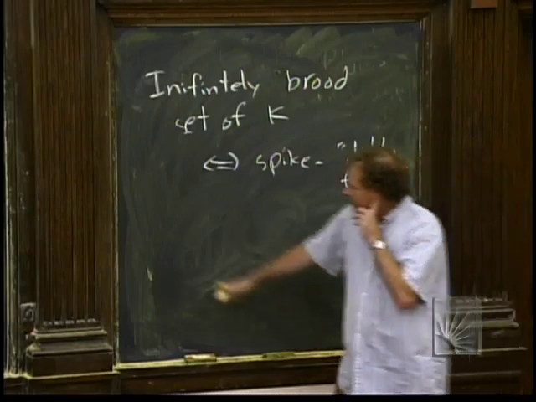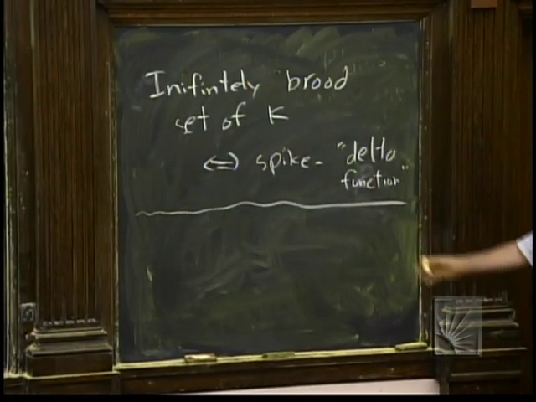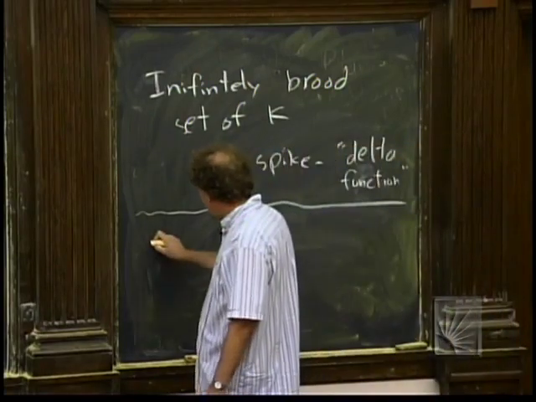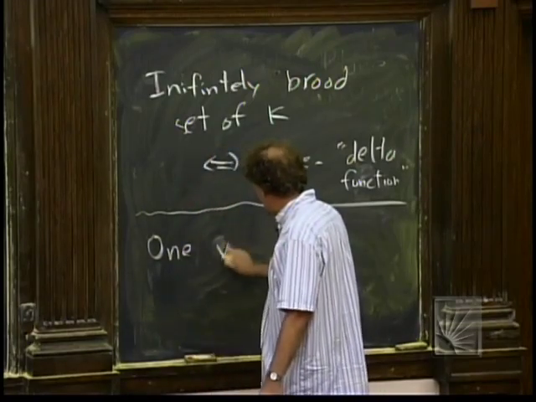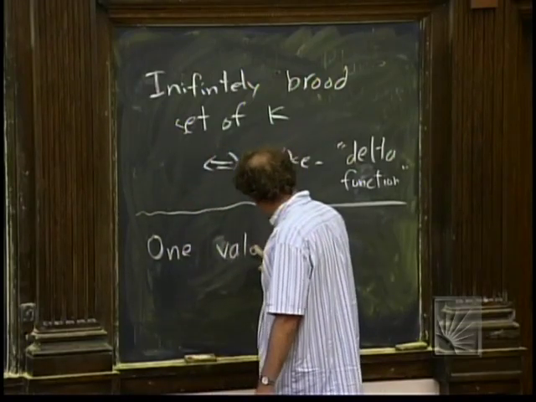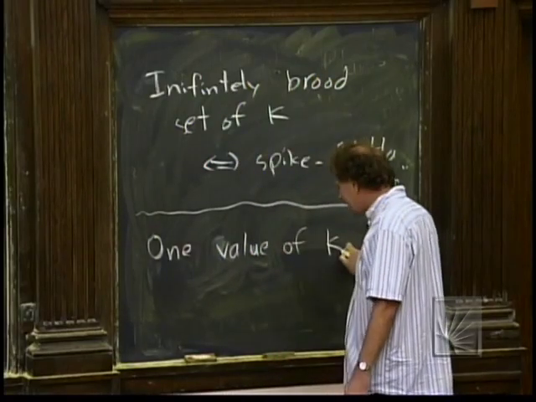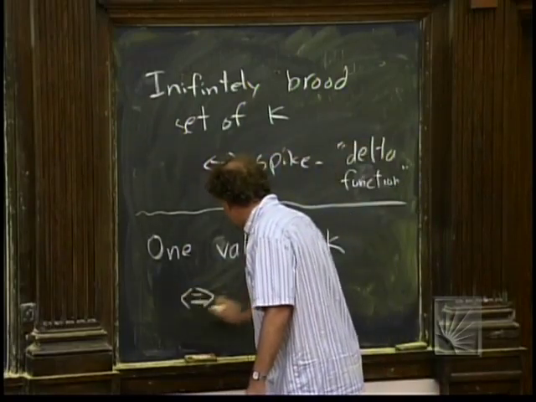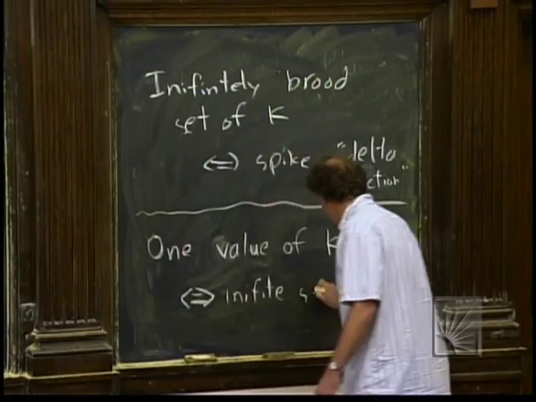You know what, though? This may seem freaky, but this is just where we started. I started with one value of k. One value of k is an infinite set of x.